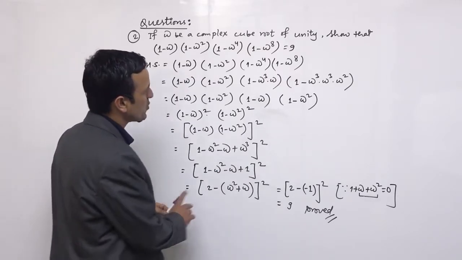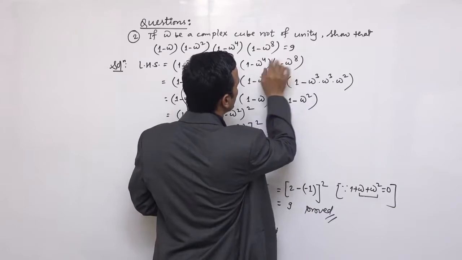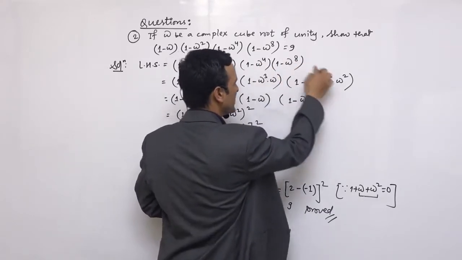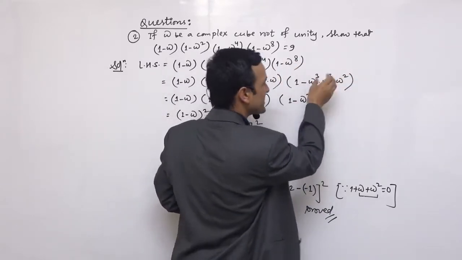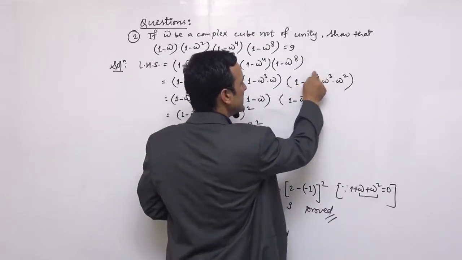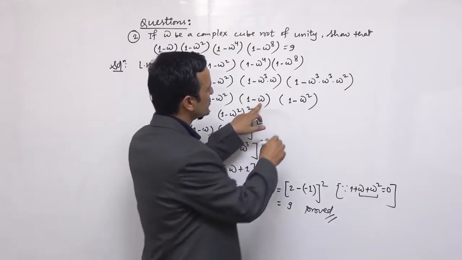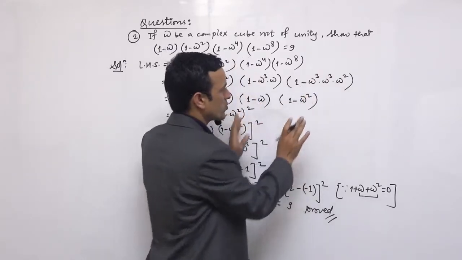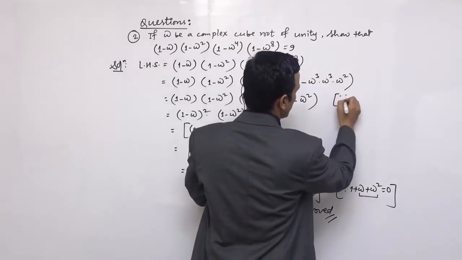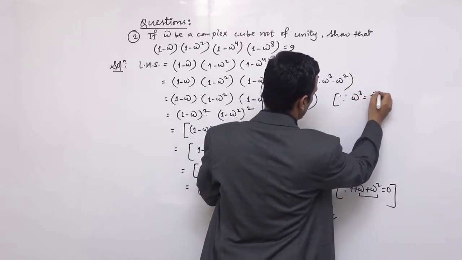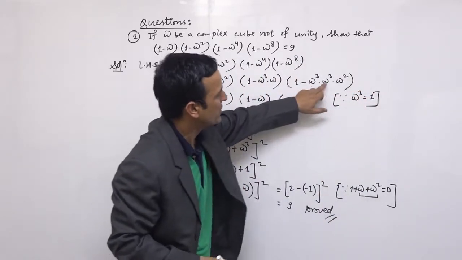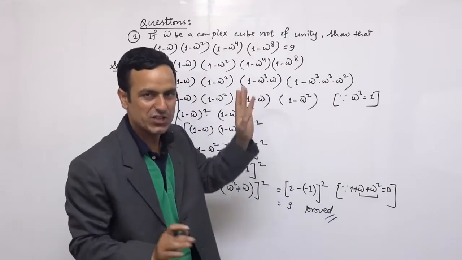In this question, just be sure that here is omega cube, here is also omega cube. We can break down or separate the power 3 and we can insert the value 1. So in this step, we can put omega cube is 1. So it disappears. Omega cube means it is 1, so I have ignored this term because it is 1.